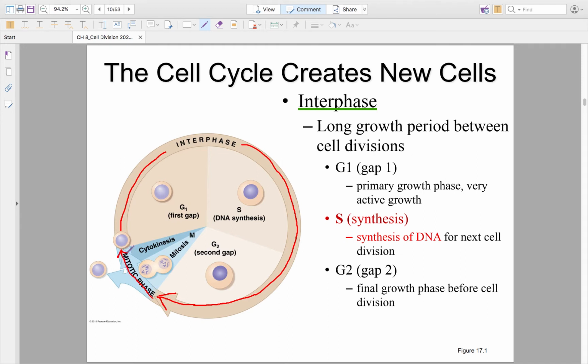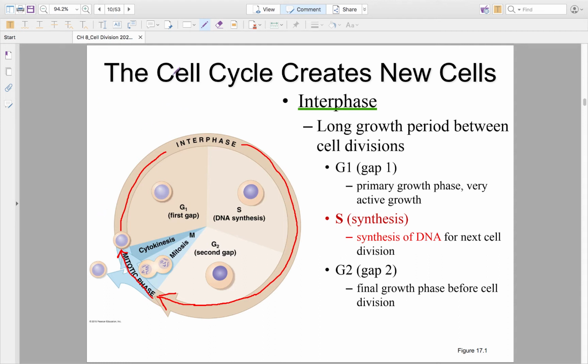So let's start with interphase. If a cell is going to enter the cell cycle, let's say a cell is going to divide, it has to be instructed to do so. Cells cannot just go into the cycle and start dividing without any control, because that is the exact definition of cancer. Cancer is uncontrolled cell division. Normal, healthy, non-cancerous cells follow these steps.